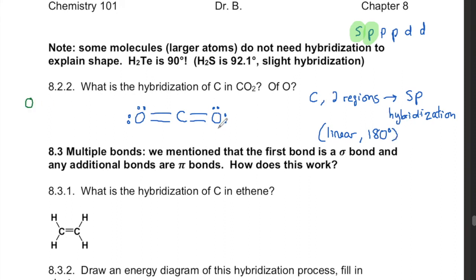The oxygens in this molecule are both the same. They both have three regions. Each oxygen has a bonded atom and two lone pairs, so those are the three regions. So we need to use 1, 2, 3 orbitals to hybridize together to make a set of 3 hybridized orbitals.